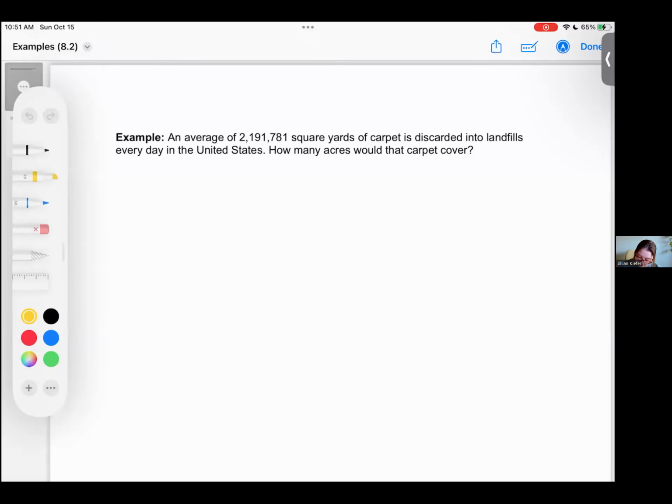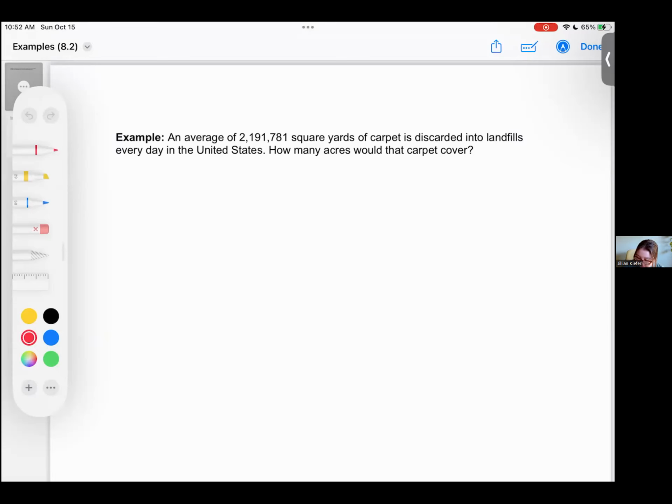Since that is happening, two ways that we can create our path to acres from square yards is that we can convert from yards to feet, and then from feet to acres. Or we can also go from yards to miles and miles to acres. You can choose which one you want.